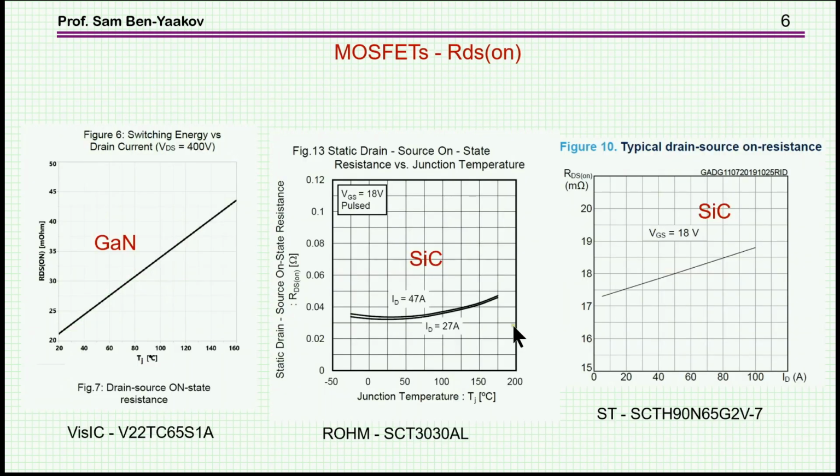So let's see first of all how RDS(on) is behaving. I am showing here three transistors which are the front line technology of today. We have a GaN transistor, it's a VZIC, this part number. We have two silicon carbide transistors, and we see here we have a positive coefficient.